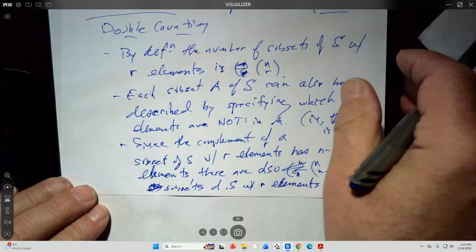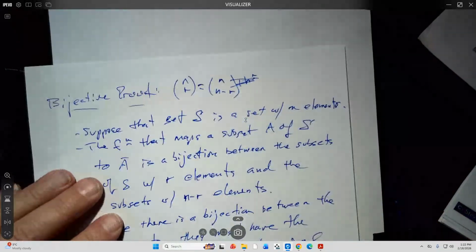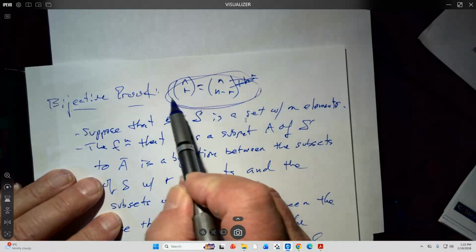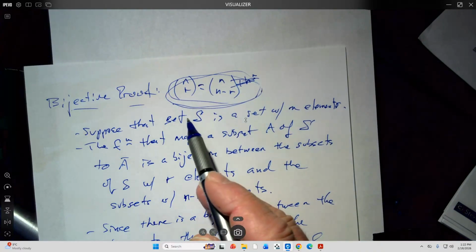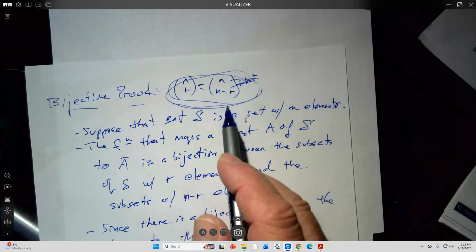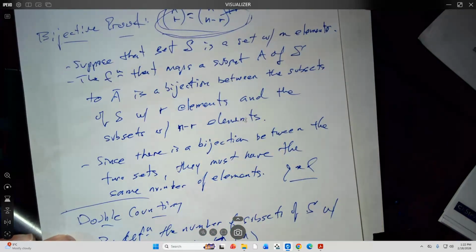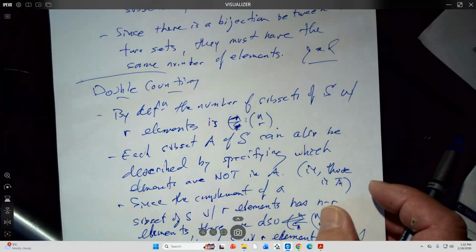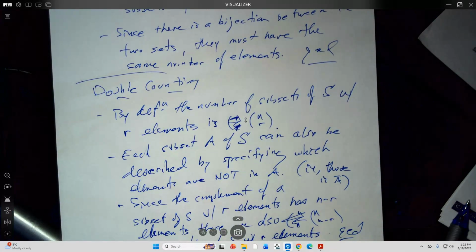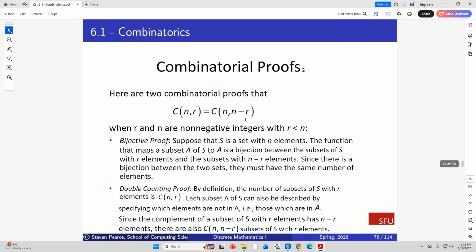Okay, so these are two methods, bijective and double counting, of proving a very, very basic combinatorial identity. n choose r equals n choose n minus r. This identity is easily proved by both techniques. This is more pedagogic than anything. Okay, I hope you appreciate that. So let's just go back here. I mean, you can see it's all here, what we've just done.